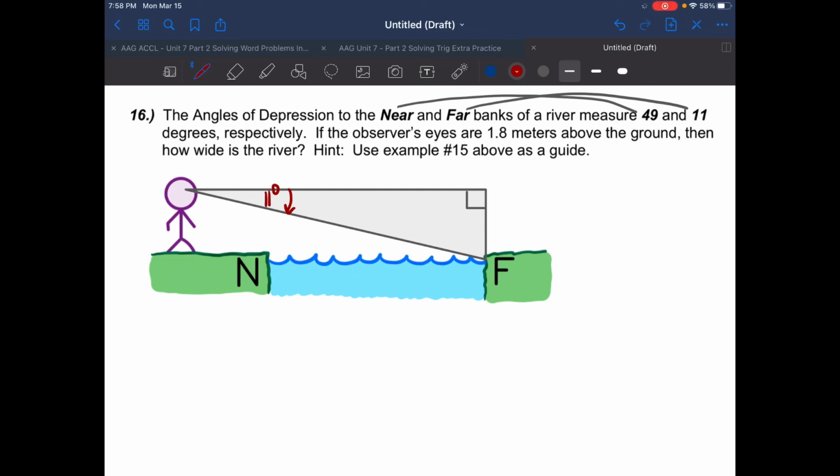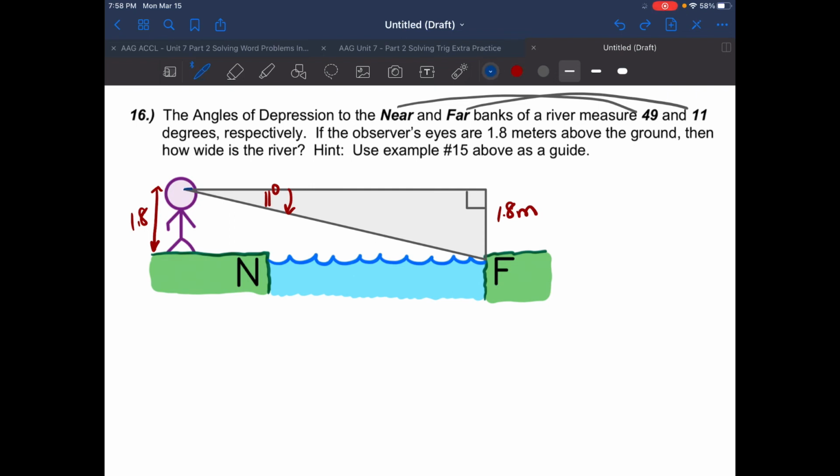They also tell us that the observer's eyes are 1.8 meters above the ground, so I'm also going to put that over here. This is similar to the last example because we can find that length. But this observer is not standing right on the near bank of the river, so that's going to be too long. But let's keep going here.